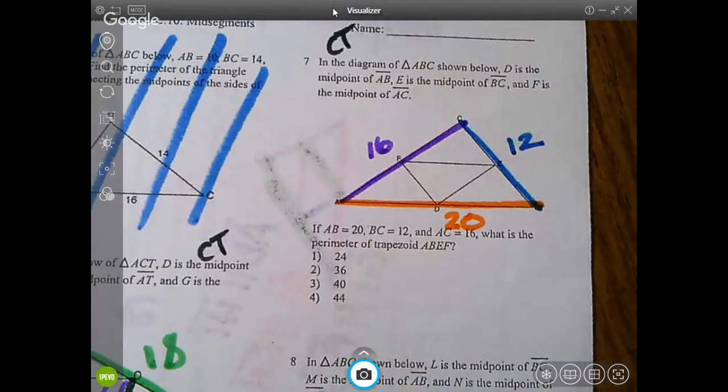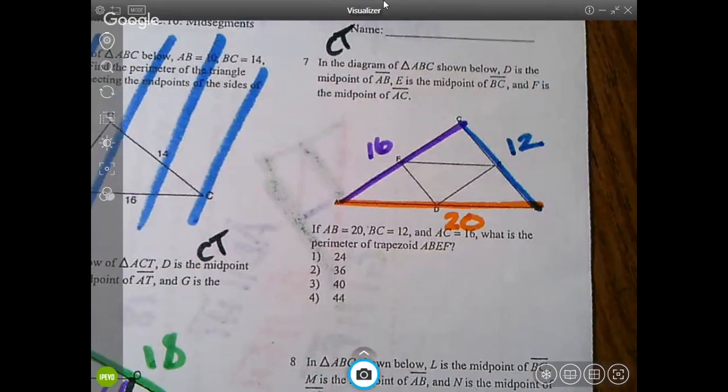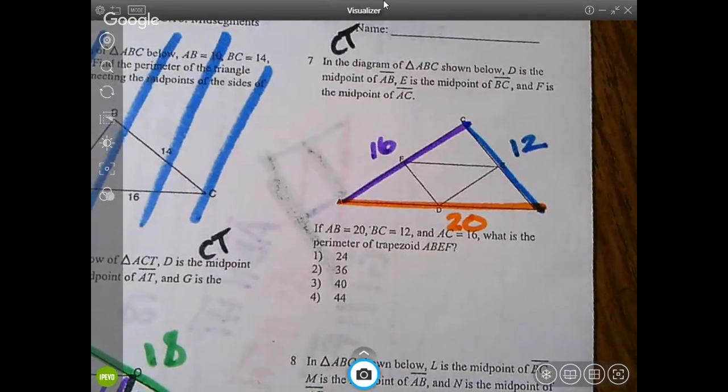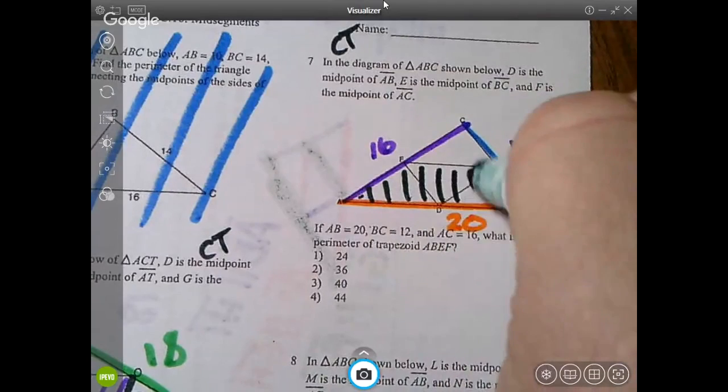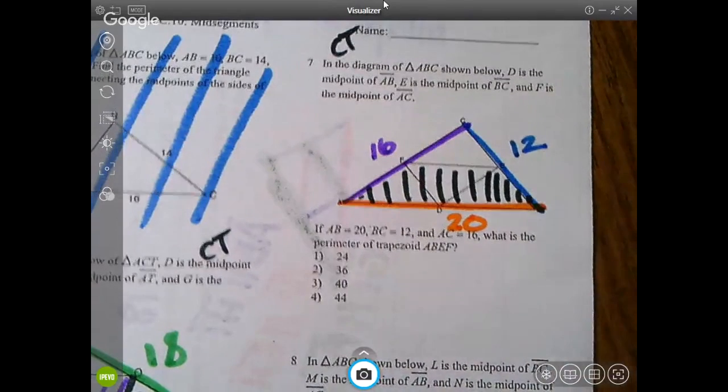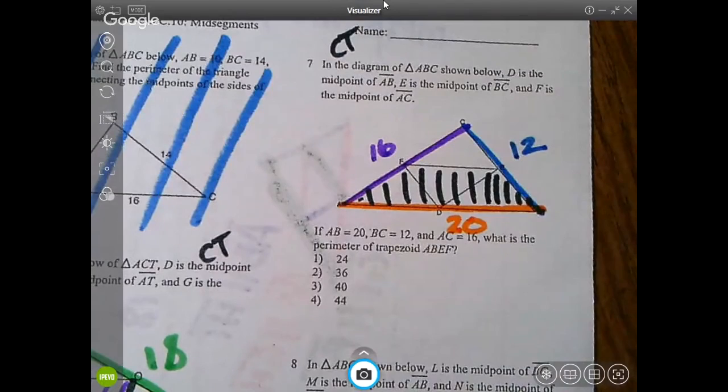And it wants us to find the perimeter of trapezoid ABEF. So it's different than the parallelogram, but you still have to do what to the sides? What operation? If it's a perimeter, we still add, even though it's a trapezoid.